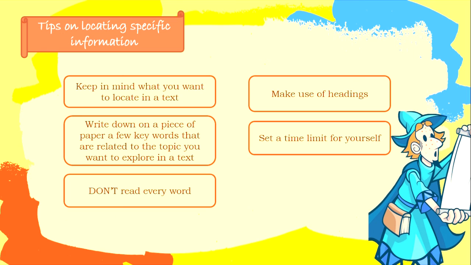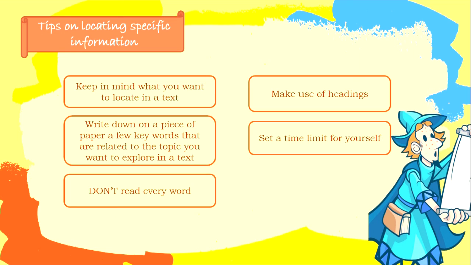The next slide is tips on locating specific information. You can use these tips to get the information in reading. The first one is keep in mind what you want to look at in a text.